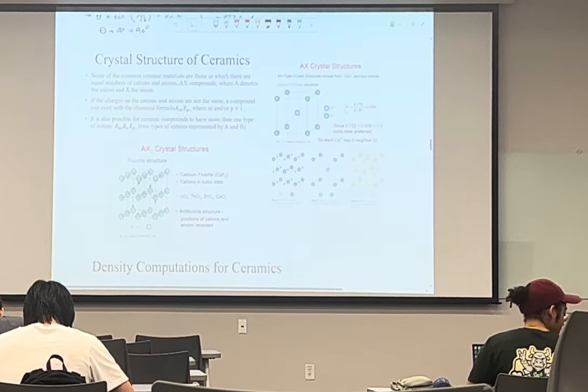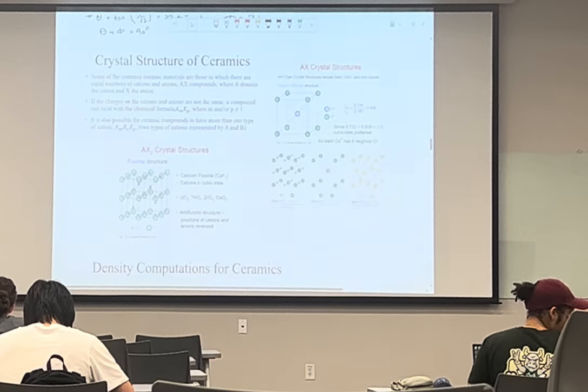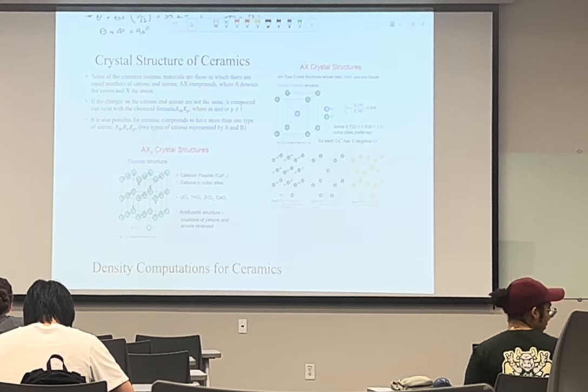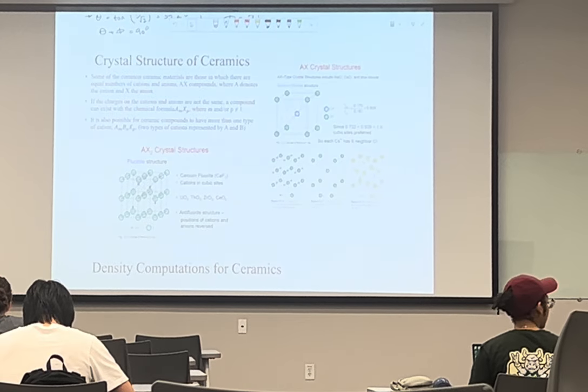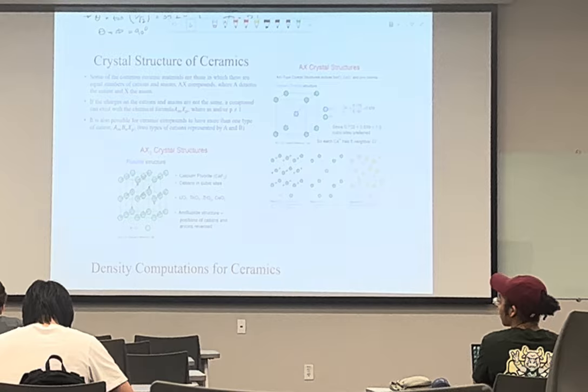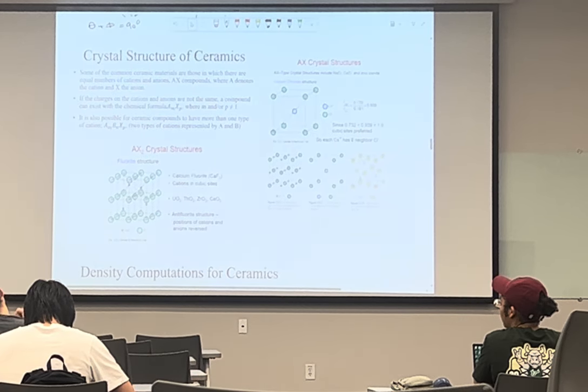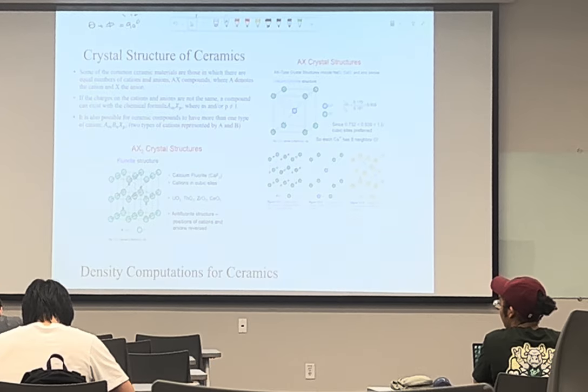So the next thing we want to talk about, again, is the crystal structure of ceramics. Most ceramics have equal numbers of cations and anions, which we show with AX compounds, in which A denotes the cation and X denotes the anion.